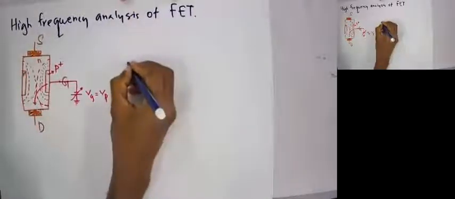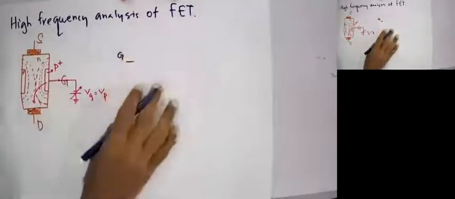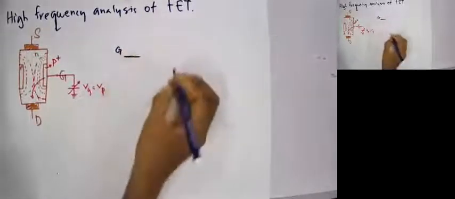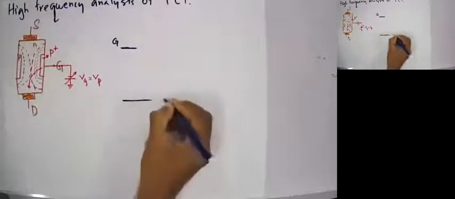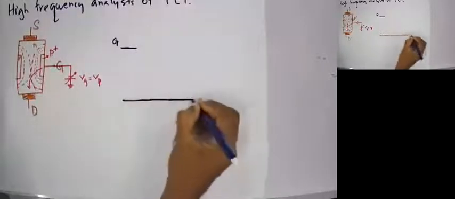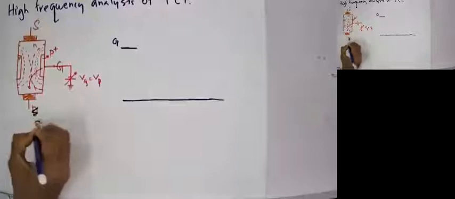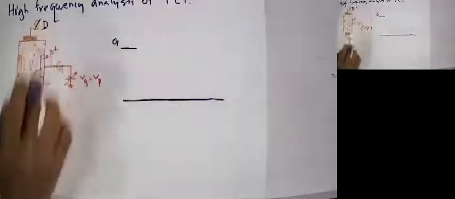Similarly, we have a gate here, and then source here. We'll make D on top, so the terminals are G, S and D, drain and source.